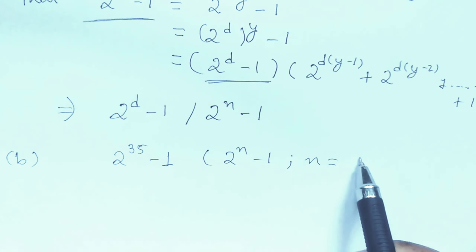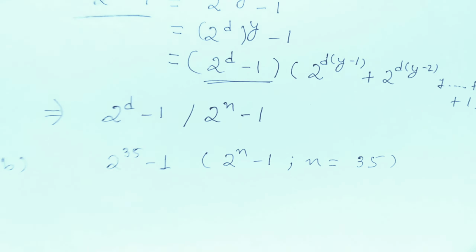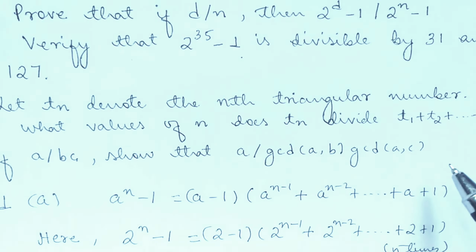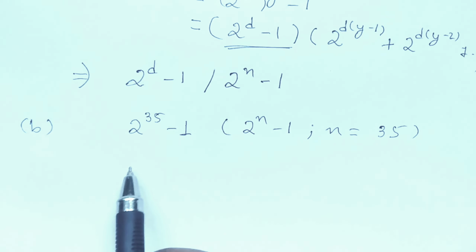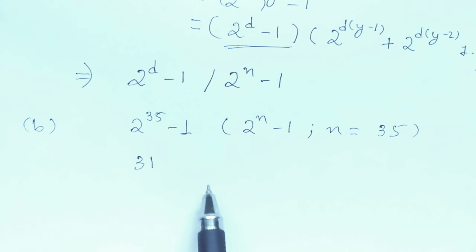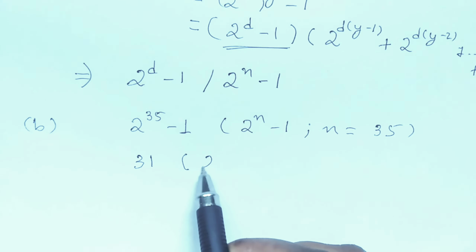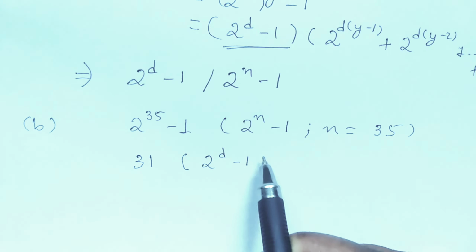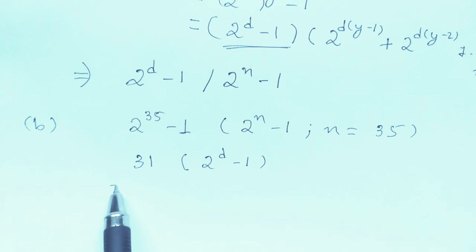By comparing, n is 35. And for these two numbers, 31 and 127, I can write in this form 2^d minus 1. How? Let's see.